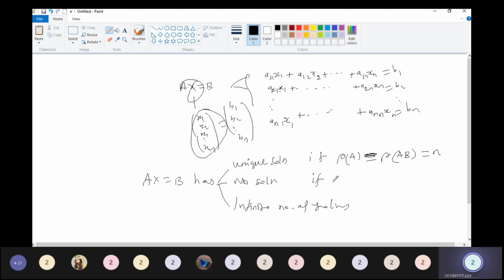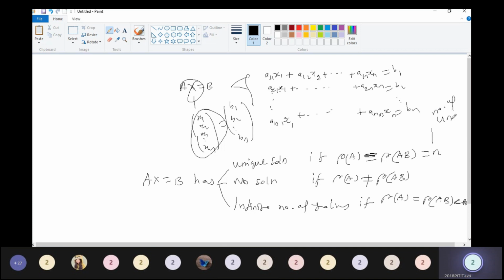Suppose no solution means rank of A is not equal to rank of the augmented matrix. Infinite number of solutions means rank of A is equal to rank of [A|B], but less than the number of unknowns, n.